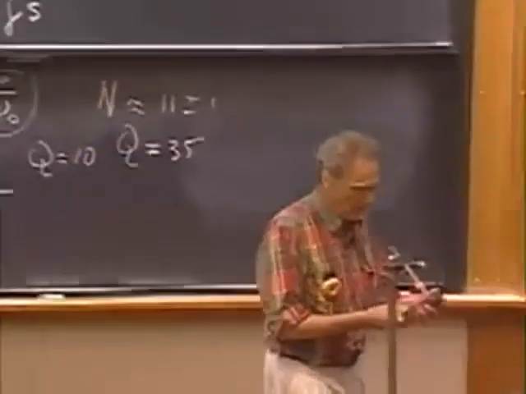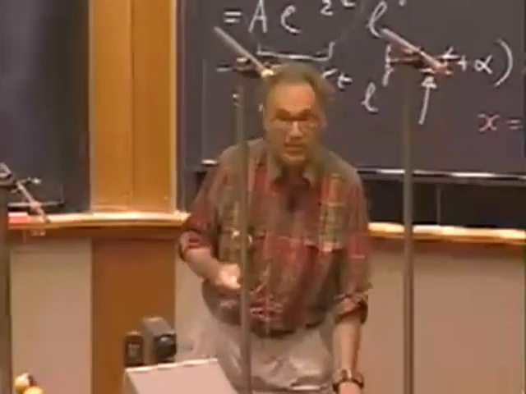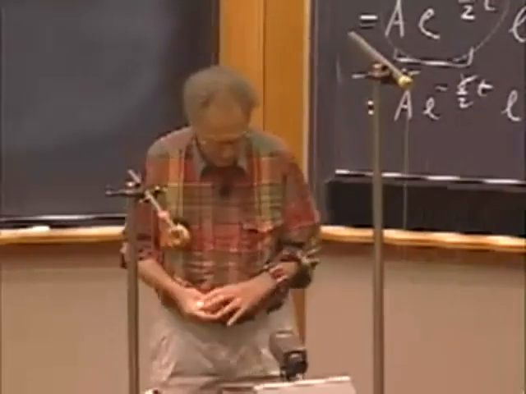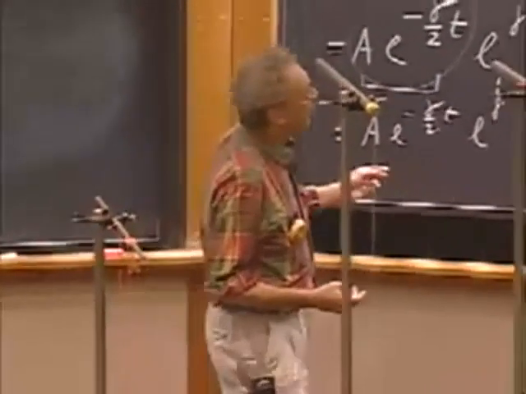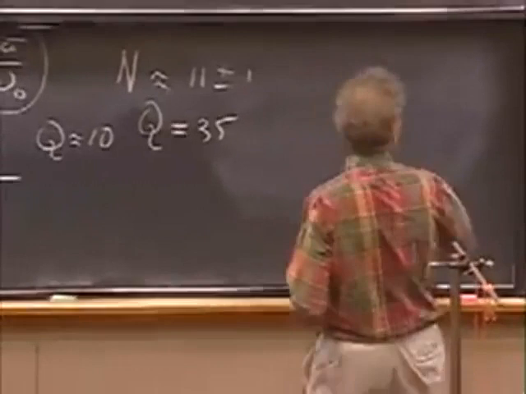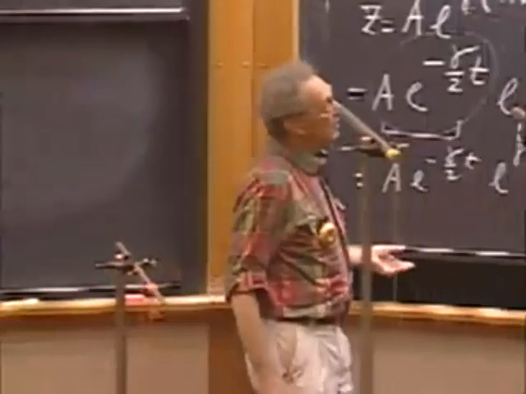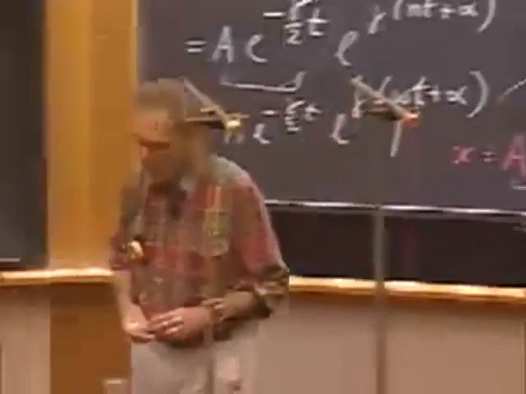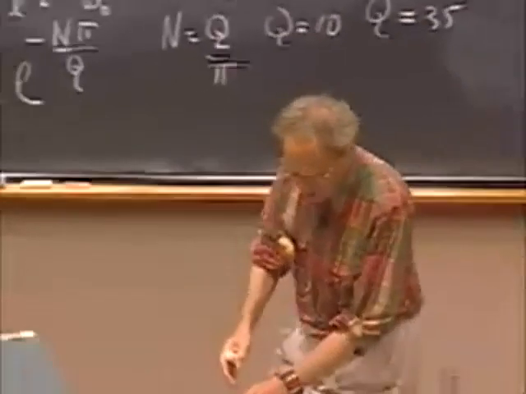That means the damped frequency is almost identical to the undamped frequency, because remember this equation, the 1 over 4. Oh, I erased it perhaps, but yeah, you have it up there. If Q is 35, you can see how close omega is to omega 0.